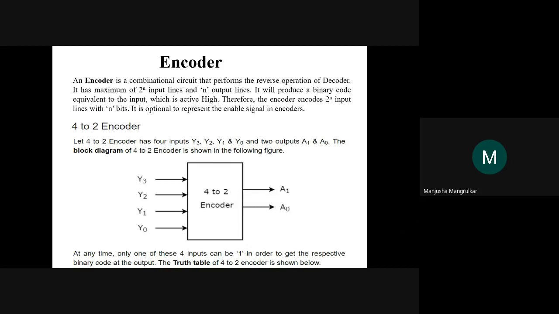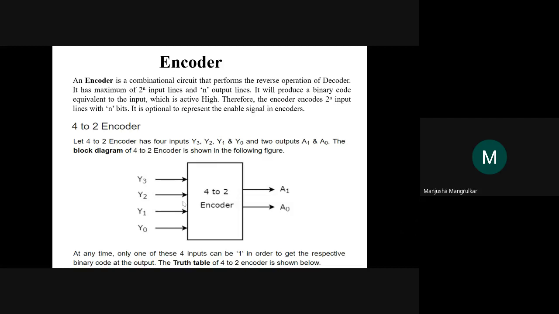This is the example of a 4 to 2 encoder. The 4 to 2 encoder has 4 inputs: y0, y1, y2, and y3, and two outputs, a0 and a1.